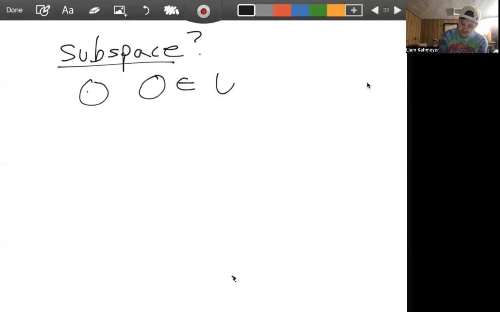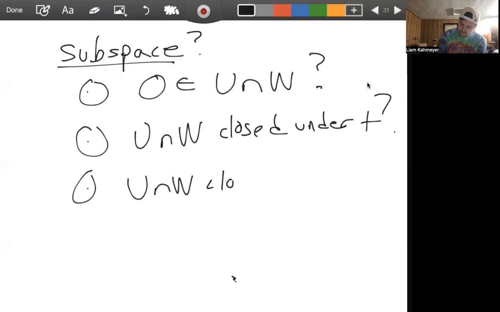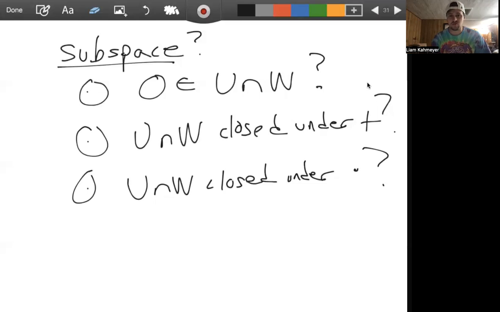So we have to ask, is 0 an element of U intersect W? We have to ask, is U intersect W closed under addition? We have to ask ourselves, is U intersect W closed under scalar multiplication, right? If we can answer yes to all three of these things, then we've effectively proven that U intersect W is a subspace, therefore proving that it's a vector space.